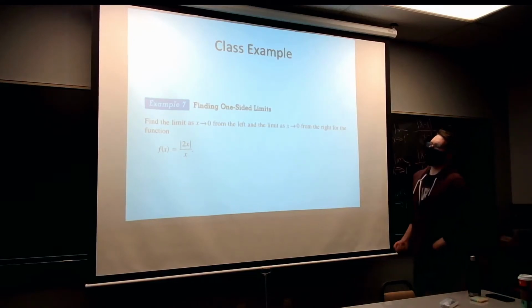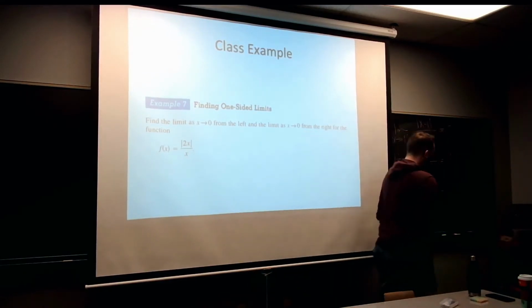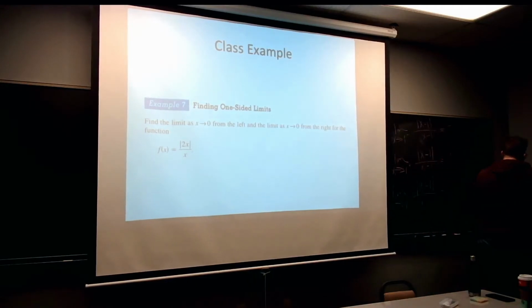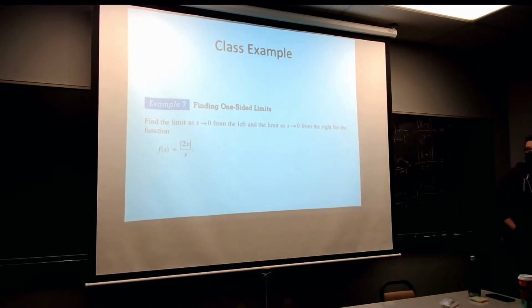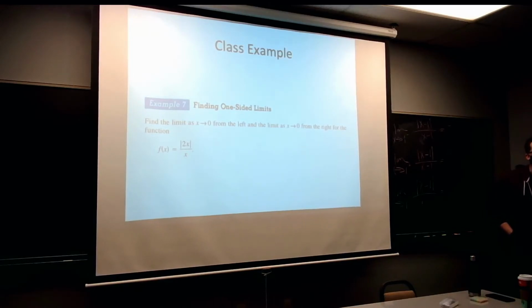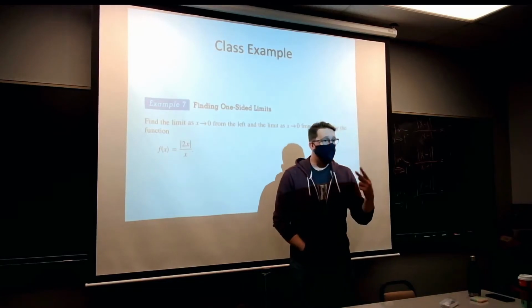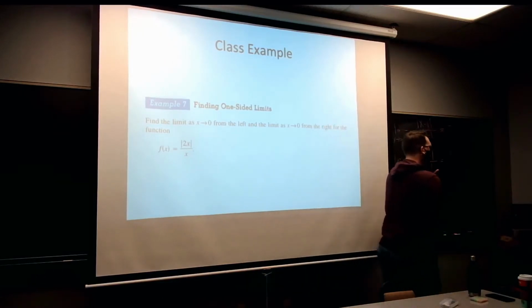Well, if we look at this 2x thing, this is going to be equal to the absolute value of 2x. It's going to be equal to 2 times the absolute value of x, right? And the absolute value of x over x is going to give you one of two answers, either 1 or -1.